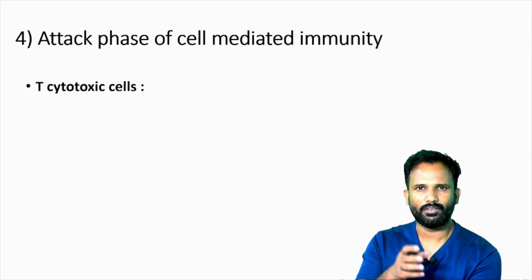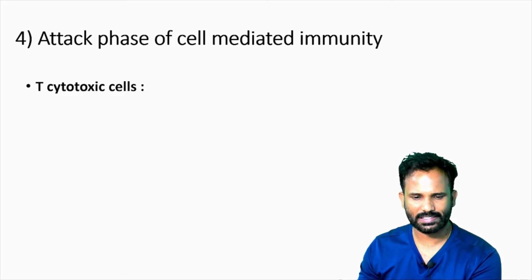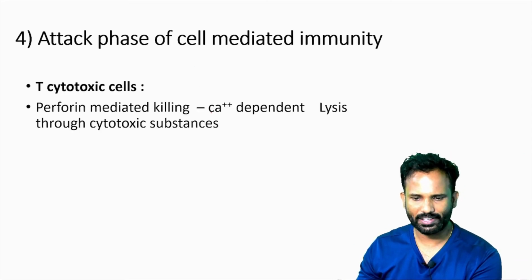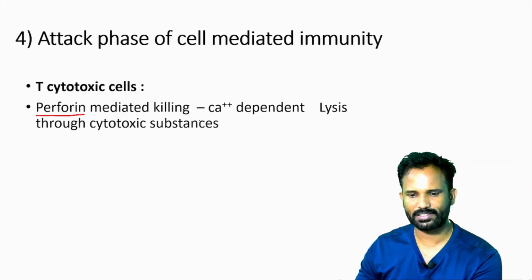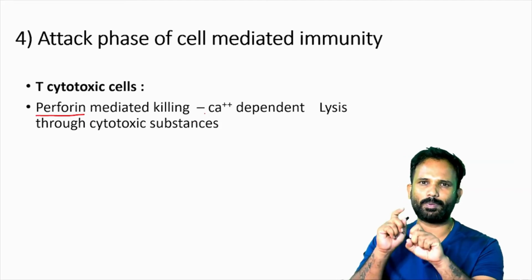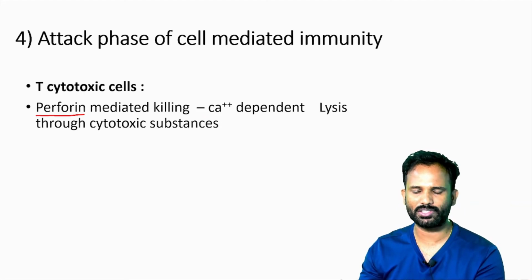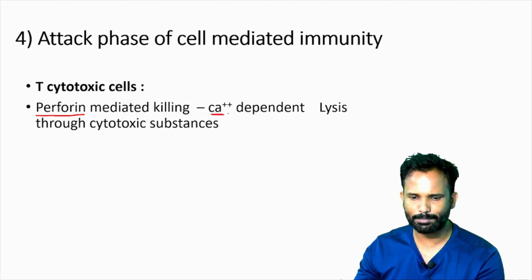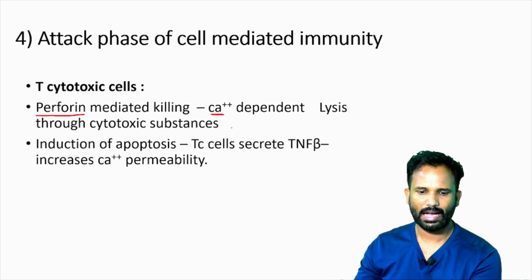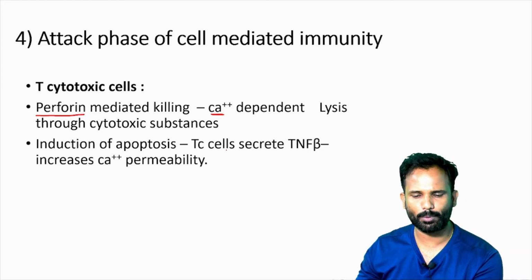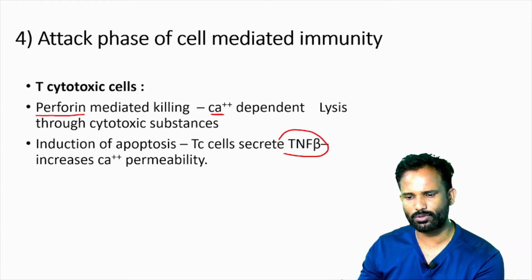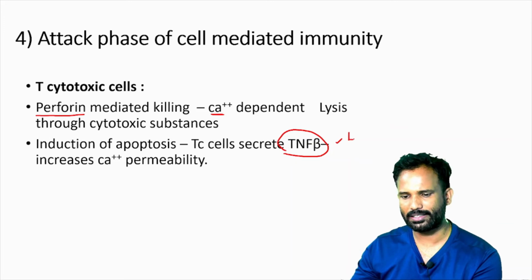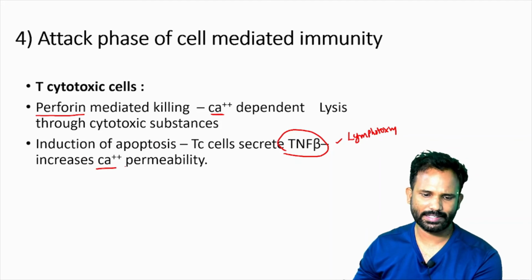When the T cytotoxic cells are formed, they will kill the pathogen directly by producing perforins, which punch holes in the membrane of the pathogen, and this is calcium dependent. They can also induce apoptosis by secreting tumor necrosis factor beta, also called lymphotoxin, which kills the bacteria by increasing the calcium content.